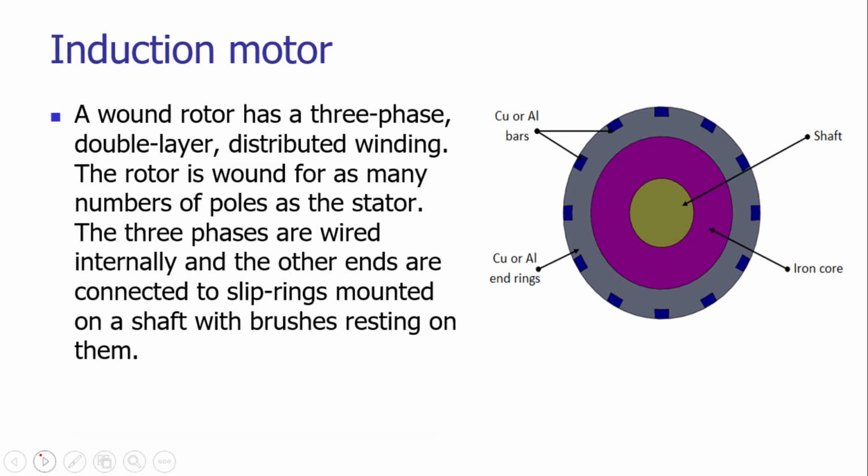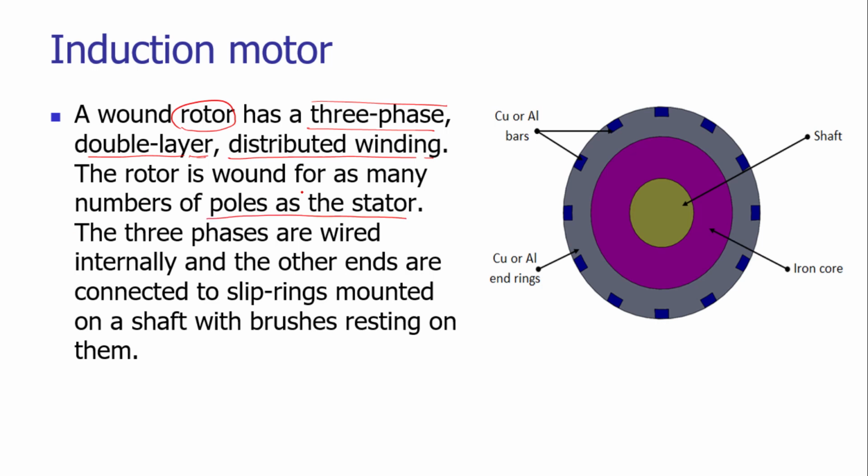So let us look at what exactly the construction is. The rotor is wound with a three-phase double layer distributed winding. So there is a three-phase electricity supply. The layers of the winding are double and they are distributed.